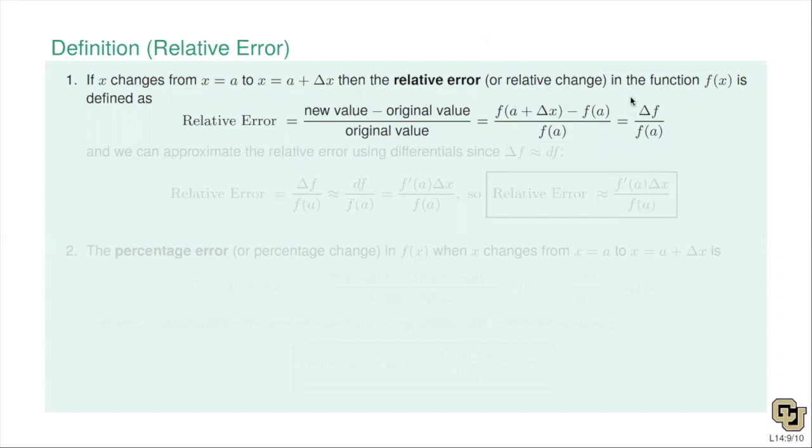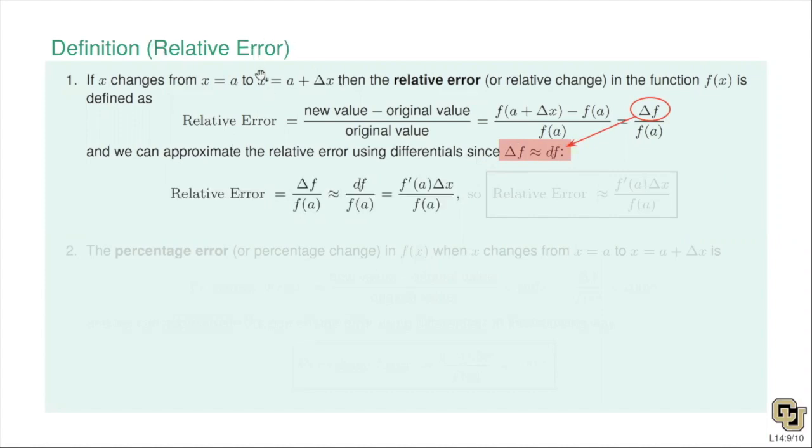Calculus comes into this because we don't want to calculate delta f. Instead of calculating delta f, we're going to approximate delta f with the differential, which is what we've done on the previous slide. We approximate the actual change with the differential. Now if I replace the actual change with the differential, I get my formula here.